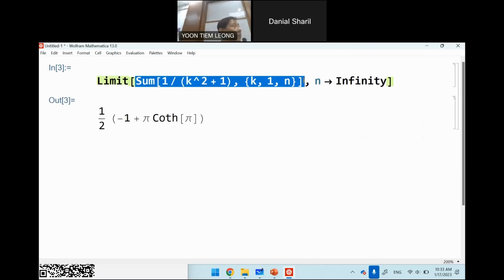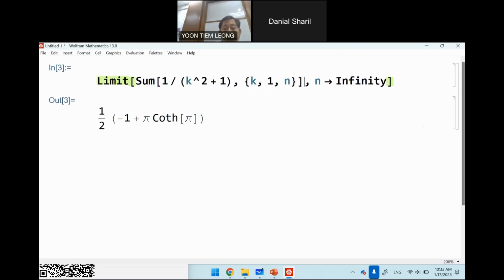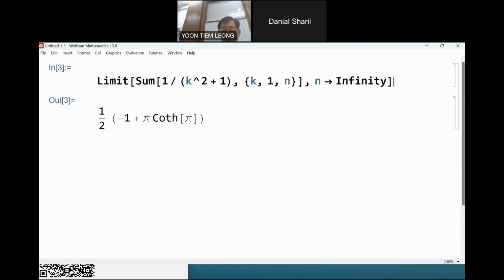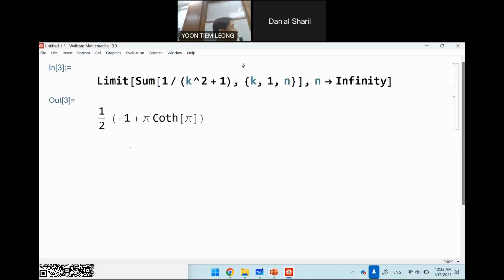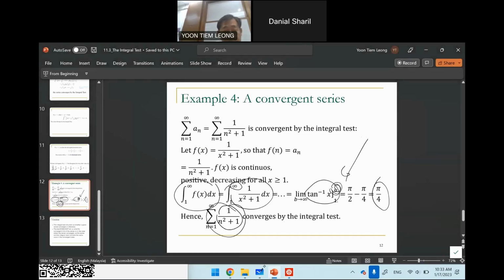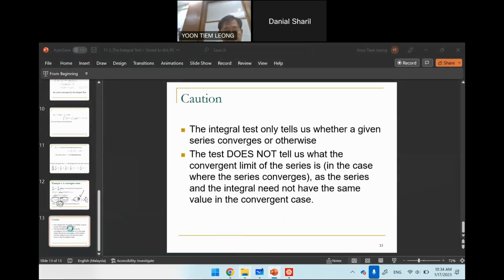Only then do you ask Mathematica to calculate this function of n by setting n to infinity. You find that the number this series converges to is different from the one obtained from the integral test. The answer for the integral test is pi over 4, but the actual value it converges to is not pi over 4. Okay, so that is the section on the integral test.